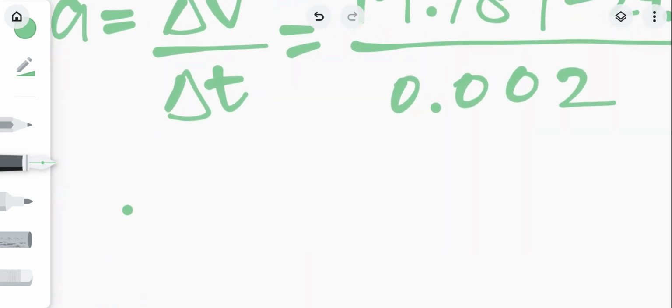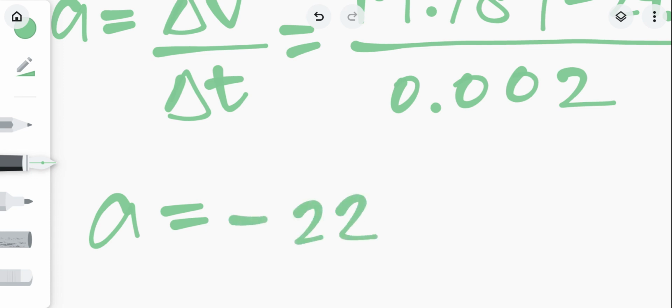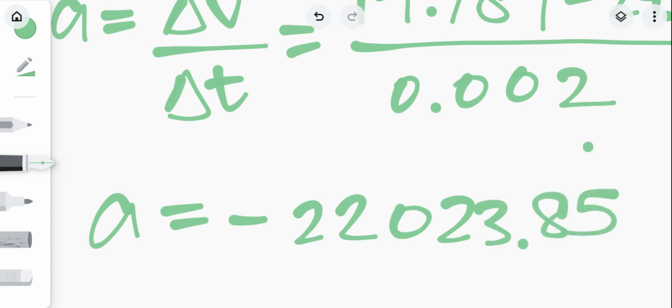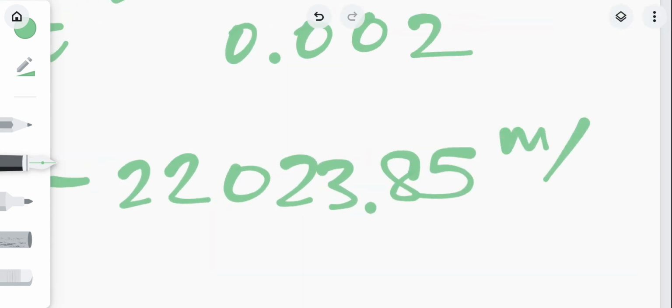Now, acceleration turns out to be negative 22,023.85 meters per second squared.